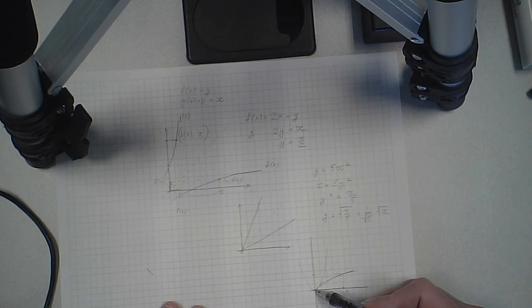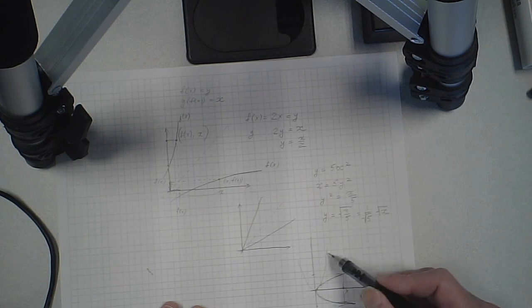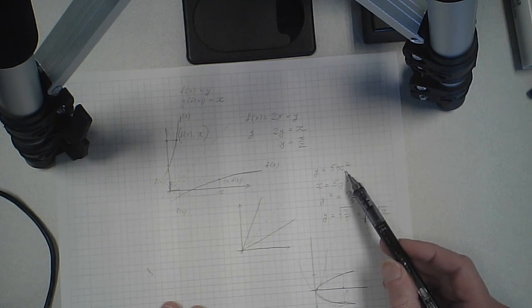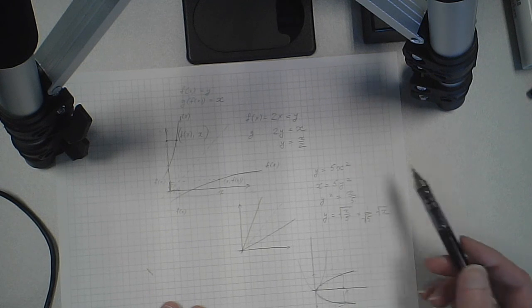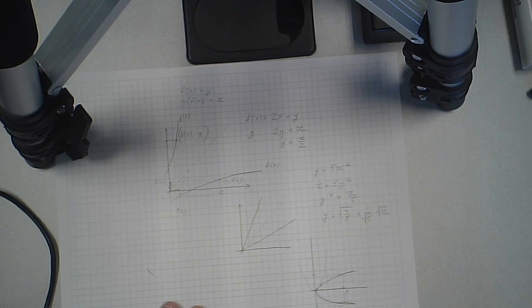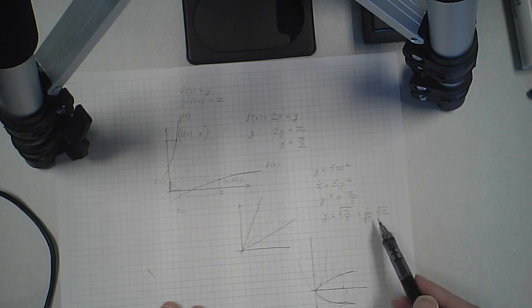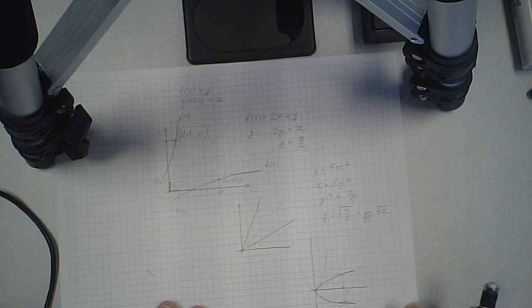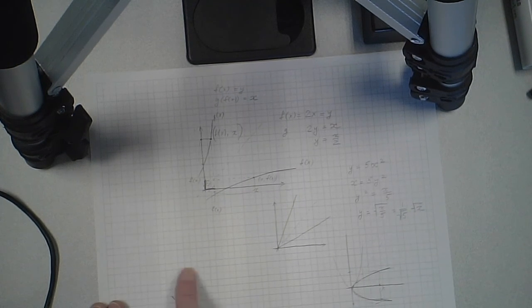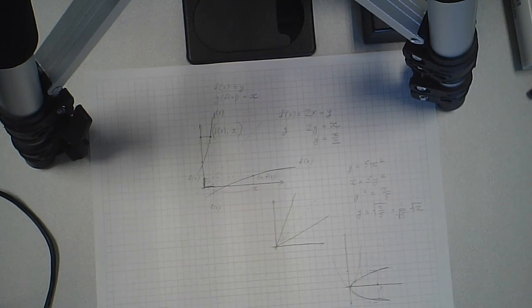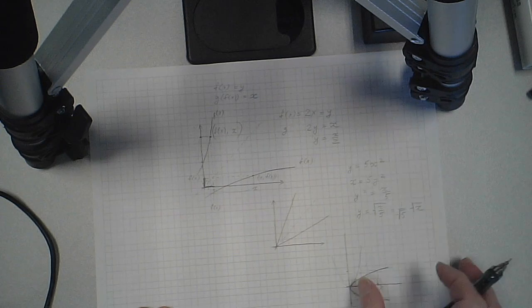So we'd take x only positive for 5x squared, and then we'd get an inverse for it, and it's going to be 1 over square root of 5 times square root of x, and then we don't have to do the funny plus minus here. Alright? Sometimes you cannot write things down exactly the way we like things written down.